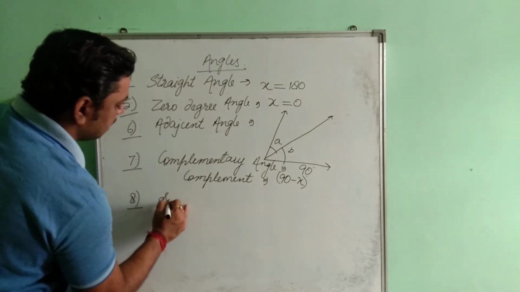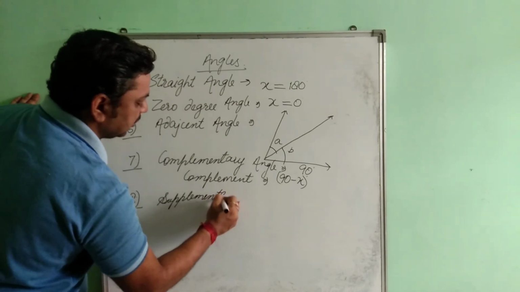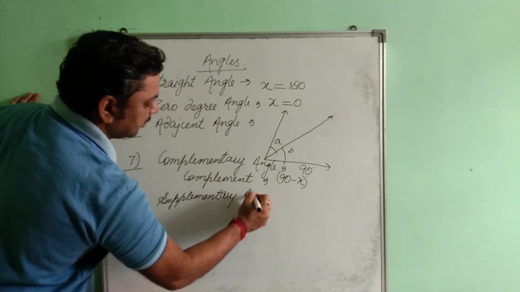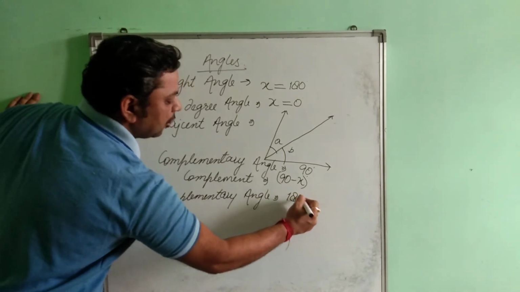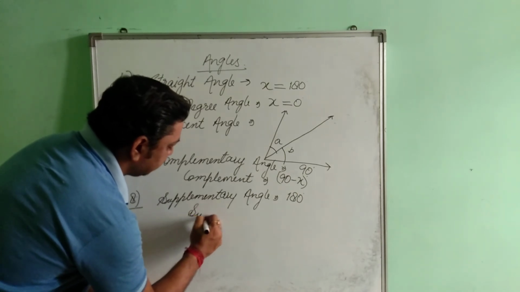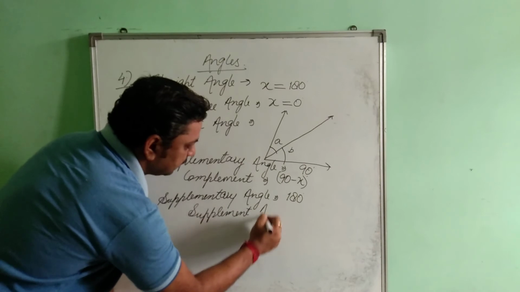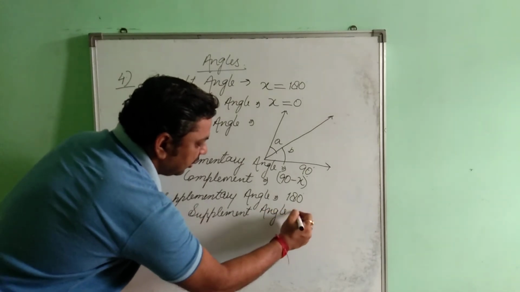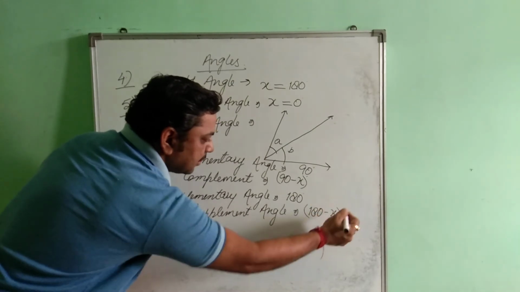Eighth one, supplementary angle. In the case of supplementary, the sum will always be 180 degrees, and your supplement will always be 180 minus x.